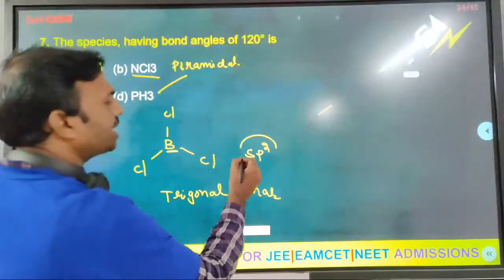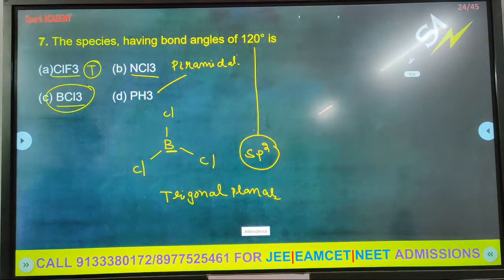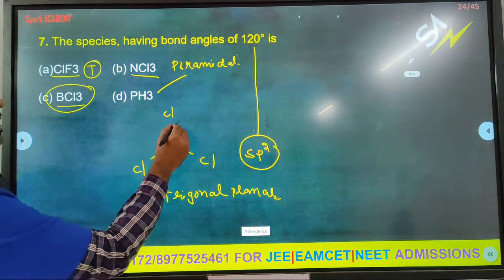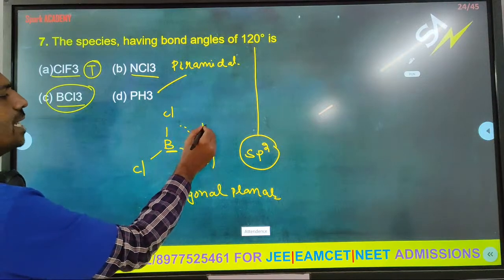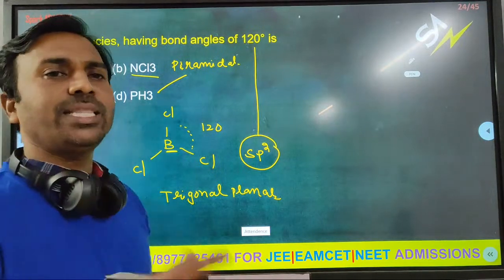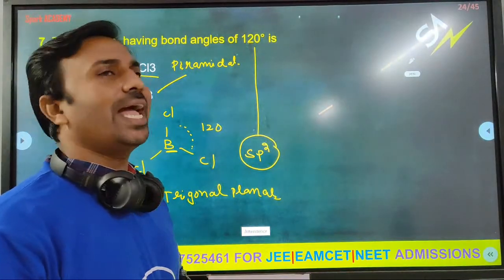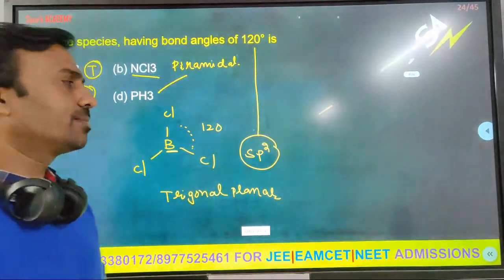When hybridization is sp2, the bond angle is 120. So for the species having bond angles of 120, the central atom contains sp2 hybridization. So in BCl3, boron contains sp2 hybridization, and its bond angle is 120 degrees.